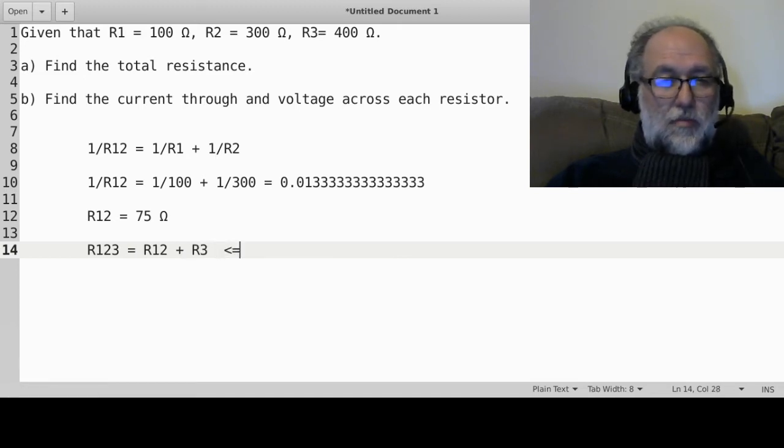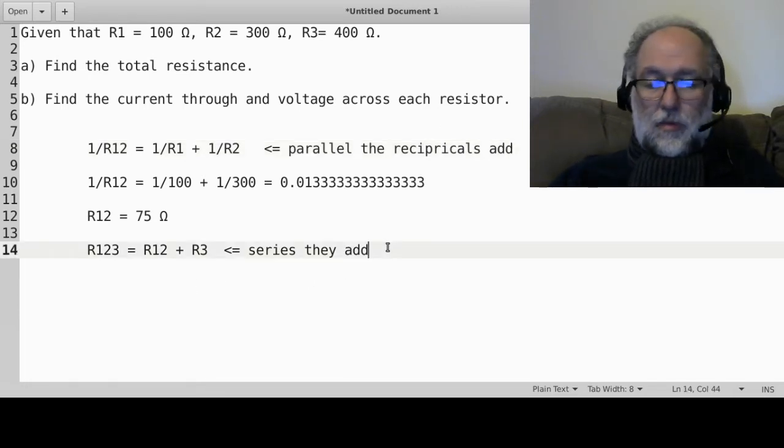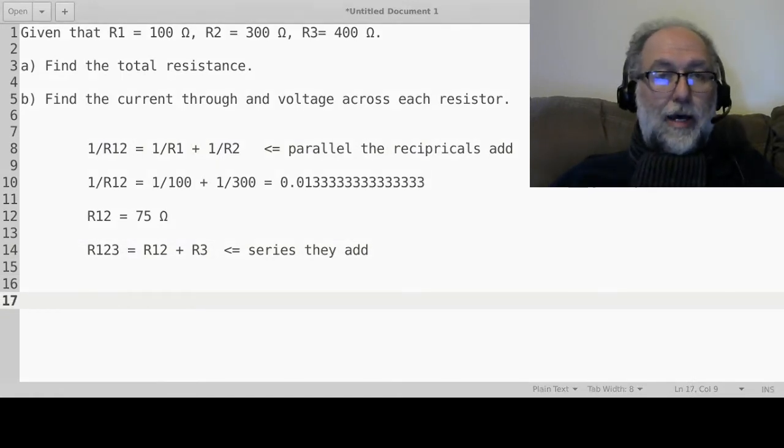So just remember, in series they add, and in parallel the reciprocals add. One of the things that makes it different from capacitors is that for capacitors it's the opposite: in parallel you add, and in series the reciprocals add. That's one of the differences.